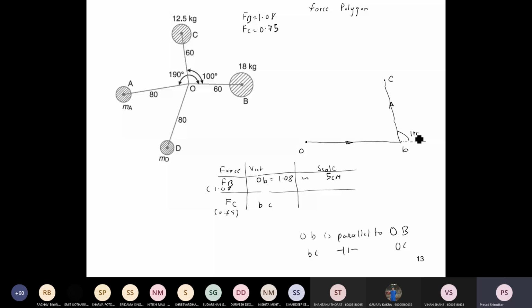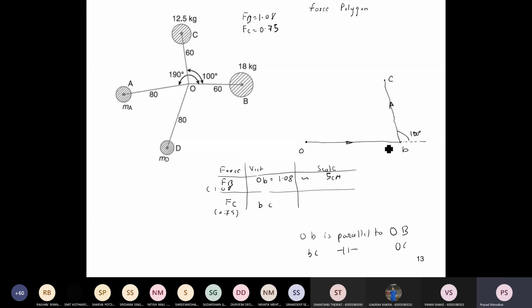Sorry, 100 degrees, not 110 degrees, 100 degrees. Alright, if you are done with the BC part, please lower your hand. Alright, so most of you have finished.